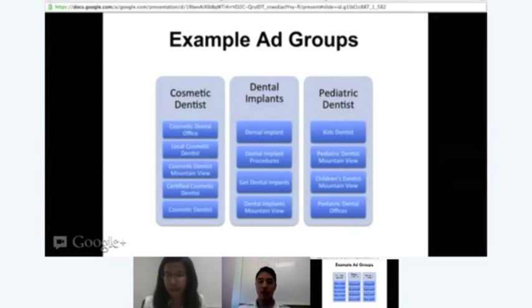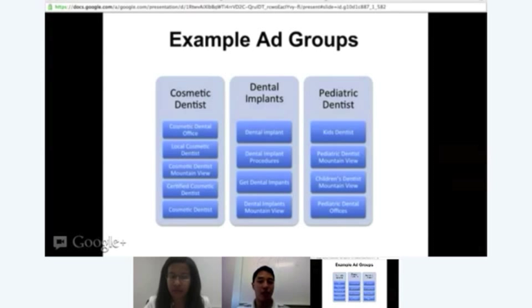And then, tagging along on that point, there's also another way to think of your different keywords and ad group buckets. One way to think of them is brand terms. So for this dentist, the brand term would be the name of that dentist's practice. If it's Dr. So-and-so, that would be a brand term of his, right?